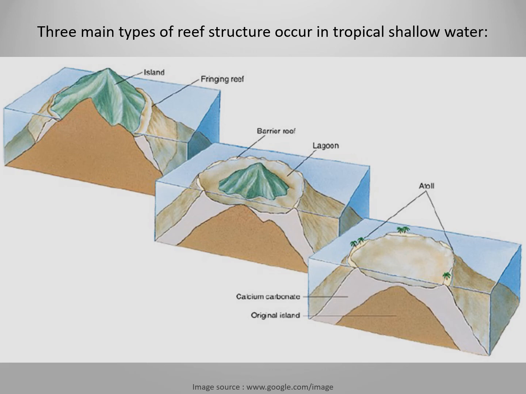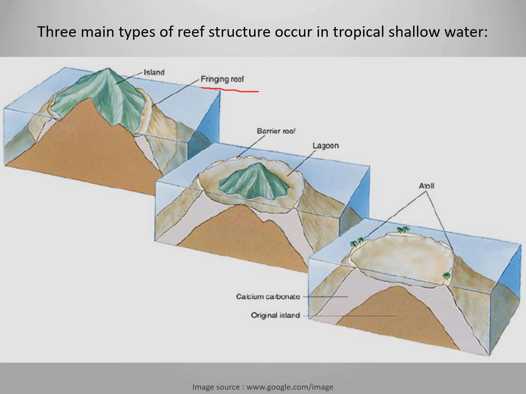First is the fringing reef. Here you can see it fringes the existing land areas at the peripheral part of the land area. The land area is above the mean sea level, and at this peripheral part where the land meets the ocean water, the growth of corals occurs and the reef forms.